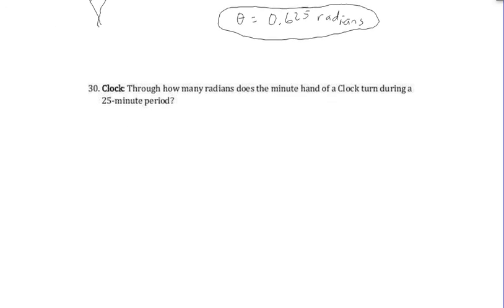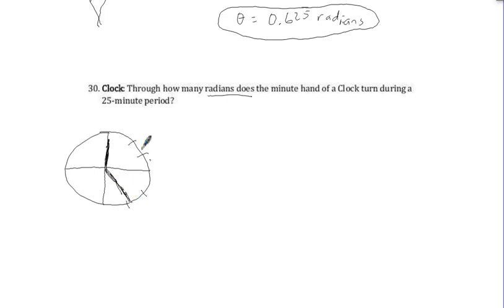Number 30, 25-minute period of a clock. How many radians does the minute hand of the clock move? So we have our clock, 12 and 6, 9 and 3. In between each of those are 2 hours. So in 25 minutes from 12 o'clock, it would go 1, 2, 3, 4, 5 of those 5-minute increments.